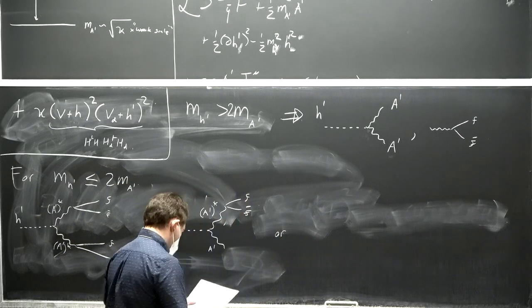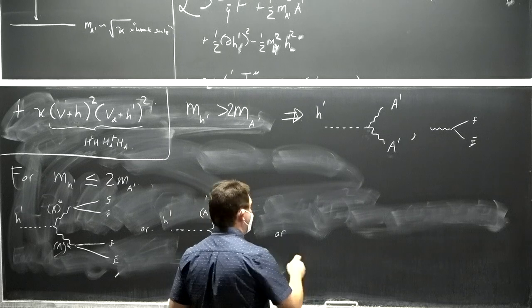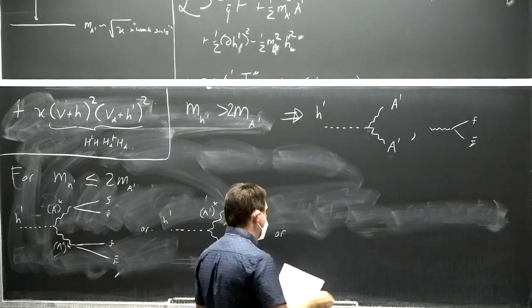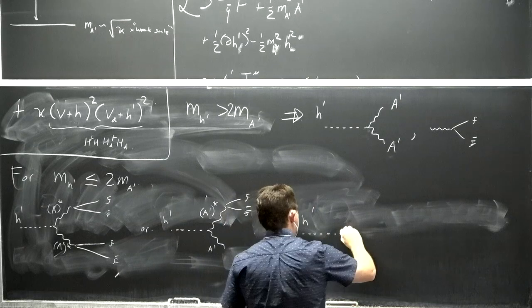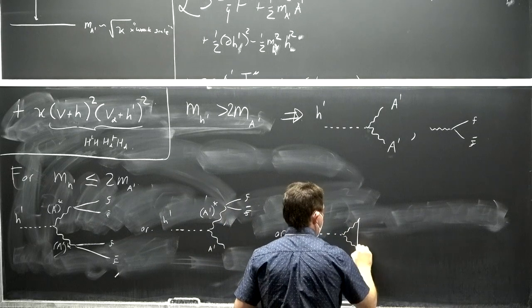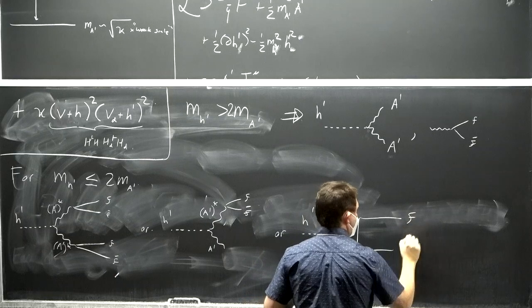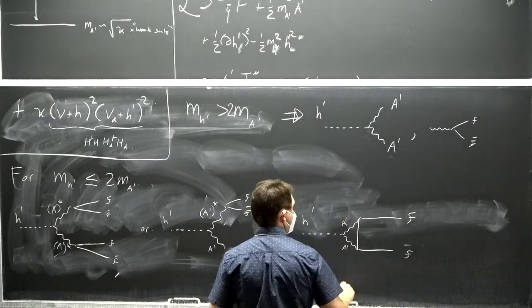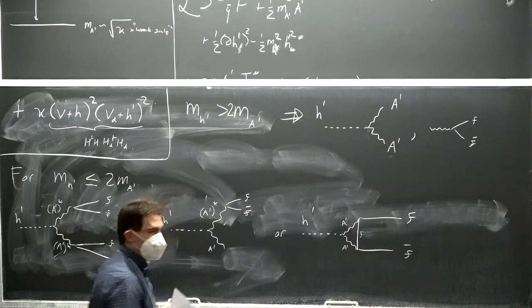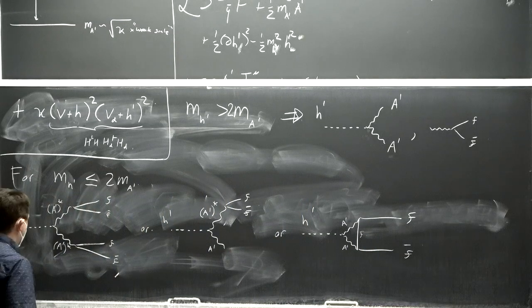or, as you get smaller in dark Higgs mass, there's a triangle graph that can be important, where these are A primes in the loops. Okay. All right.